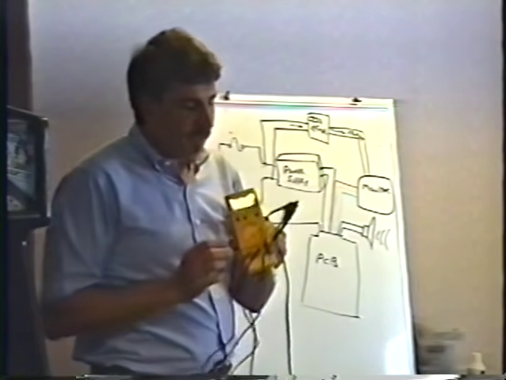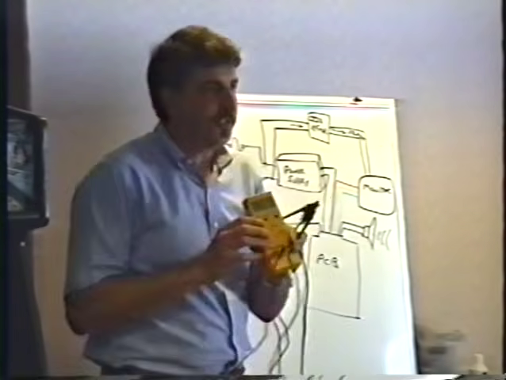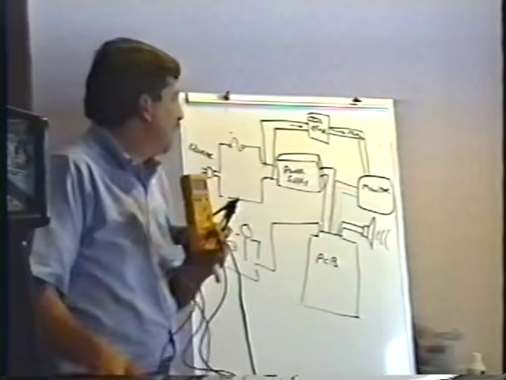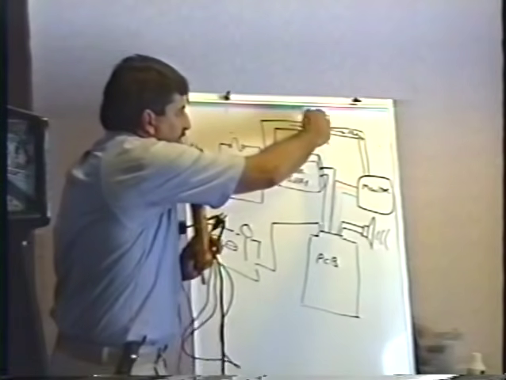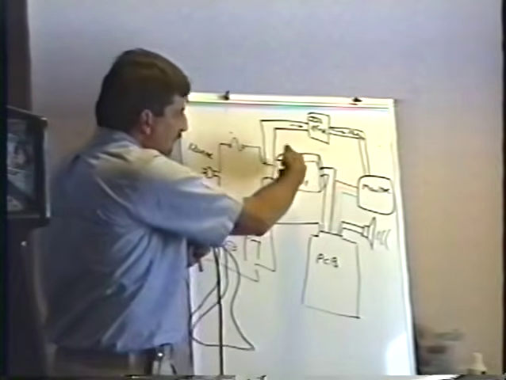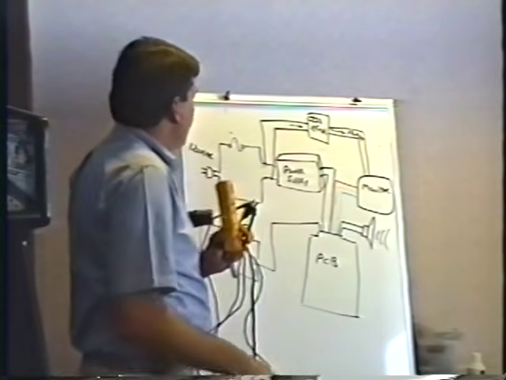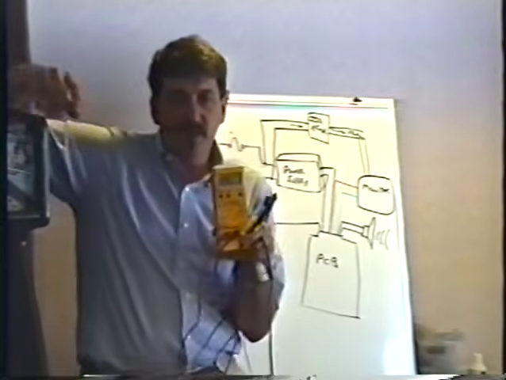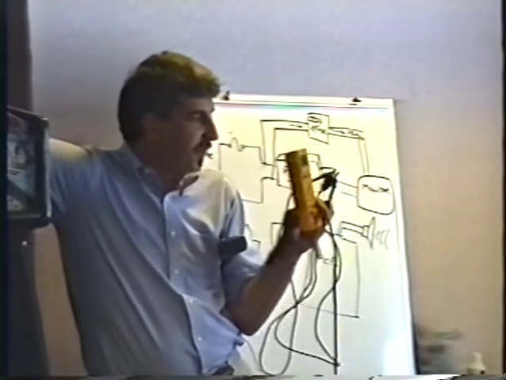If all the switches are turned on and it's hooked up right, I should be seeing some resistance here, because I'll be reading across the winding of the transformer, which we'll talk about later on. I'll be reading across the input of the power supply, across the fluorescent light. There'll be some resistance there, and as you can see, my meter says open right now. There's nothing going on here.